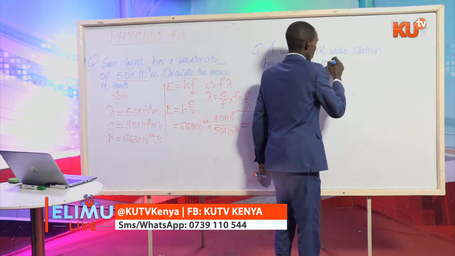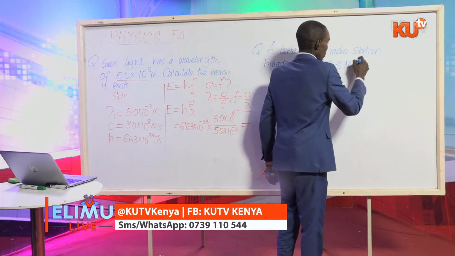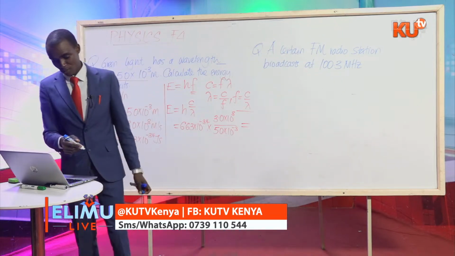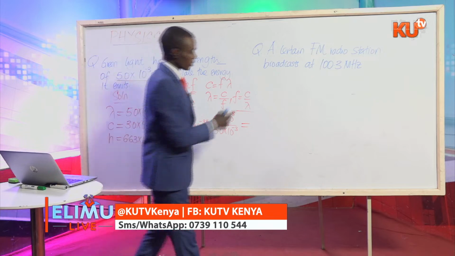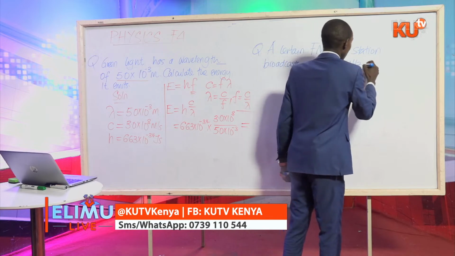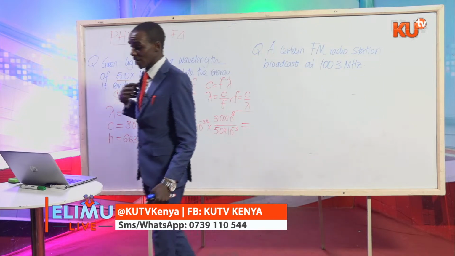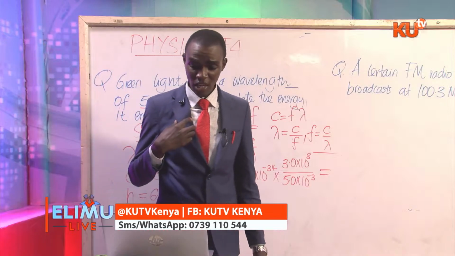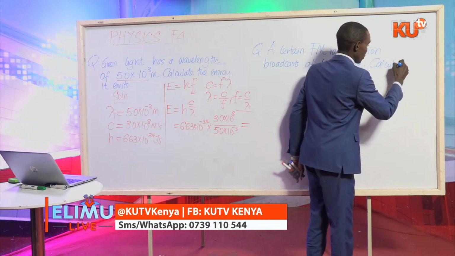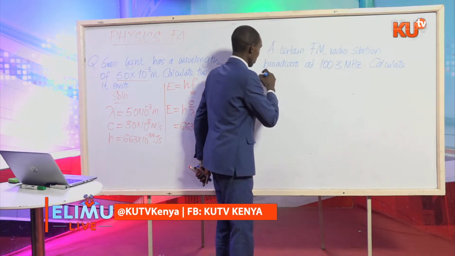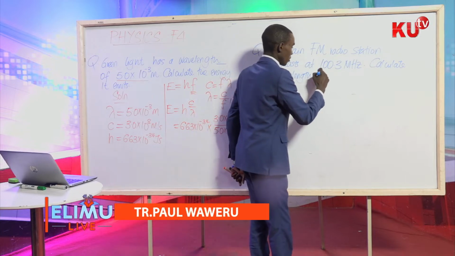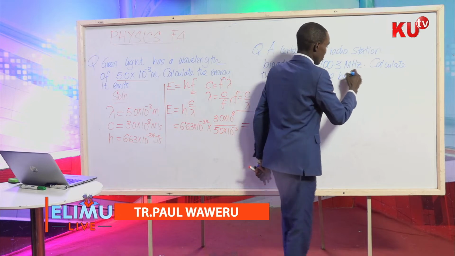So, like for example, when we are tuning our radio receivers, we talk about 100.3, 106.7, 99.2. So, when we say that a certain radio station is broadcasting at 100.3 megahertz, then you're asked, calculate the wavelength of the broadcast signal.